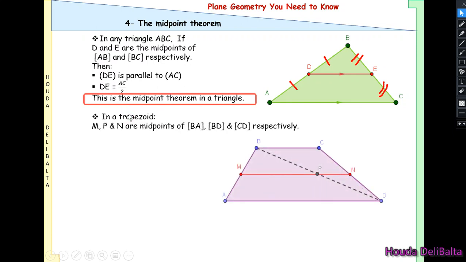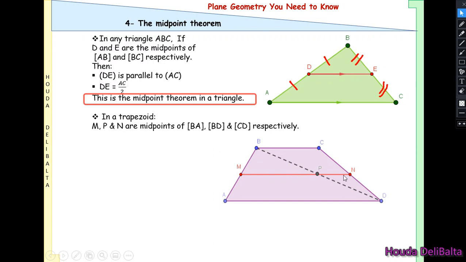Here is the midpoint theorem in a trapezoid. What's a trapezoid? It's a quadrilateral that has parallel bases. BC and AD are parallel bases. That's a trapezoid.